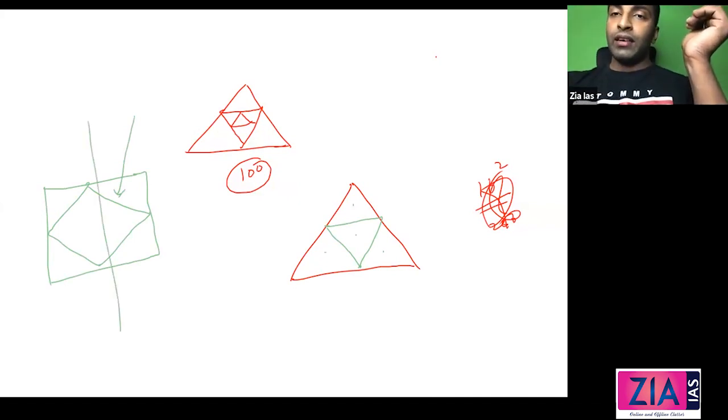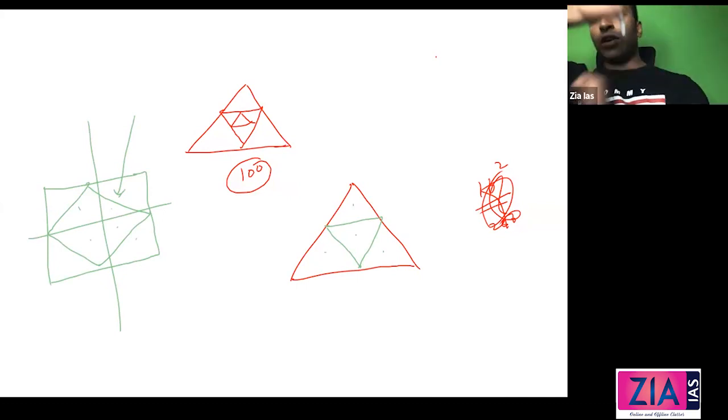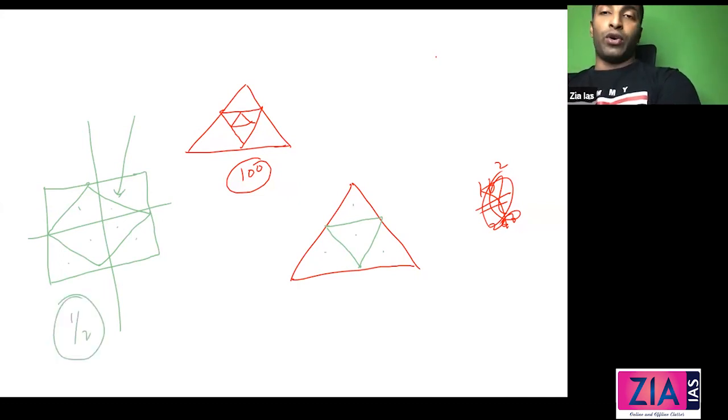Because when you divide here, 4 equal areas inside, and total, how many equal areas? 8 equal areas. So 4 by 8, that is why I got 1 by 2, half. Here, 1, 2, 3, 4. The bigger triangle has 4 areas and the smaller one only 1. So what will be the area of the smaller one? It will be 1 by 4.